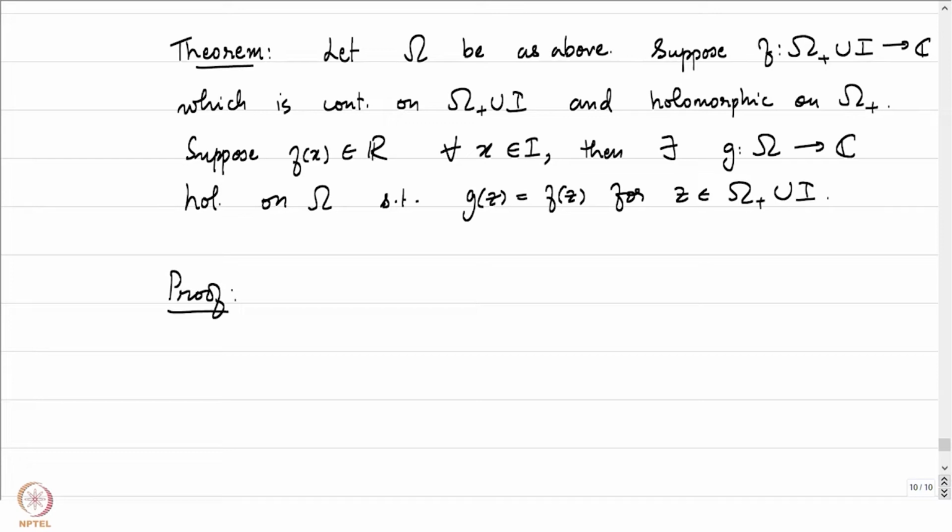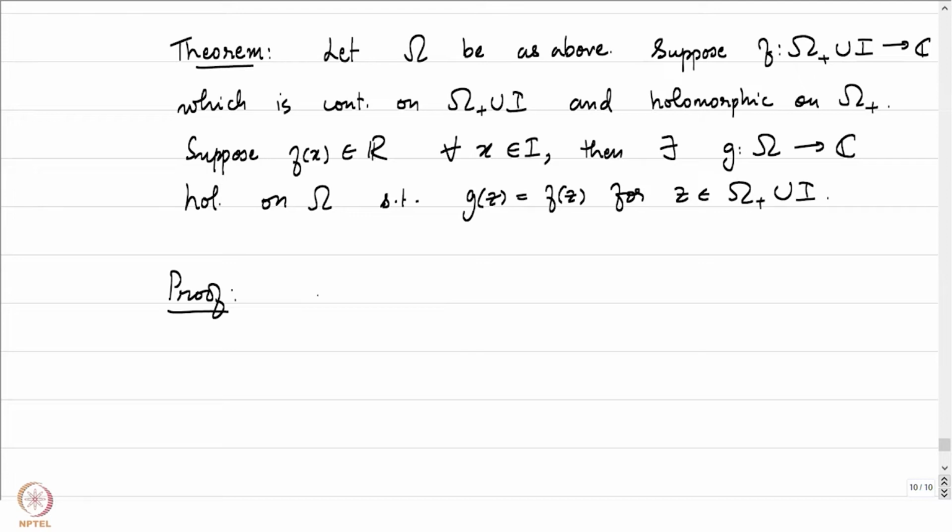We have already given a candidate to ourselves. When f is equal to a real number on I, then we know that f of z is the same as f of z bar the whole bar if it is defined on the symmetric domain entirely.